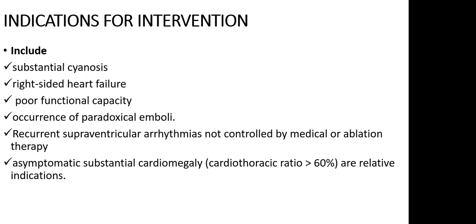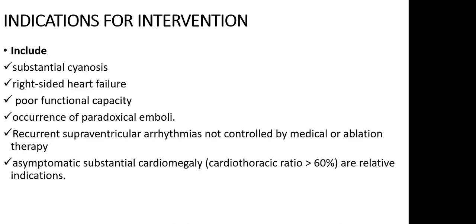So indications for intervention for this patient are cyanosis, right heart failure, poor functional capacity, occasional paroxysmal emboli, and supraventricular arrhythmias, which is a common kind of arrhythmia that presents with recurrence.